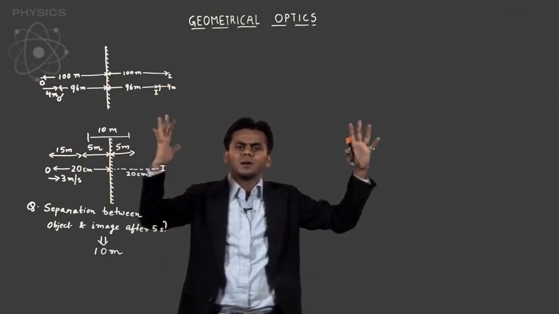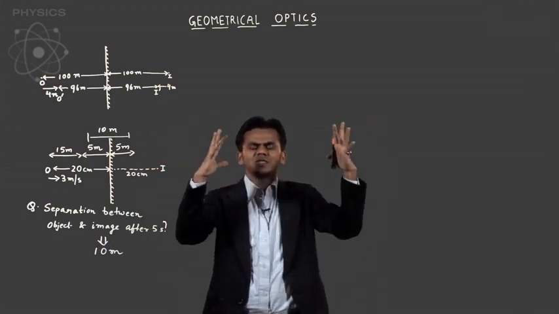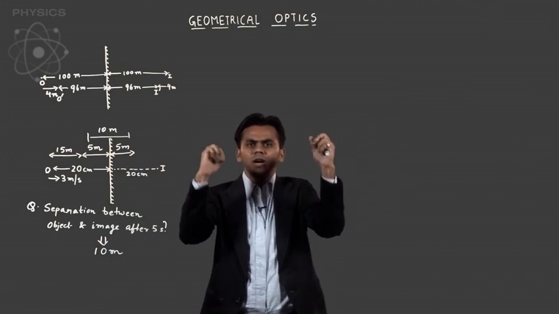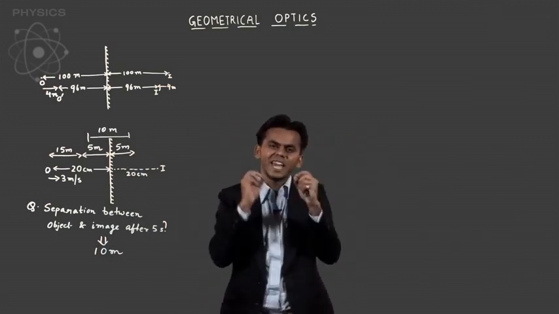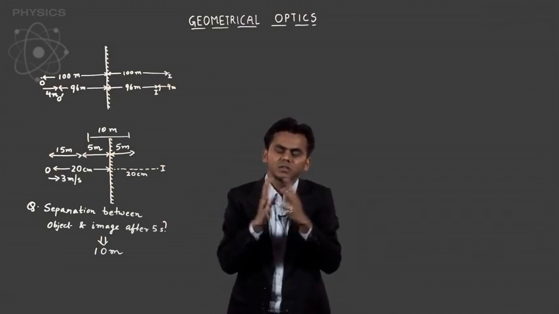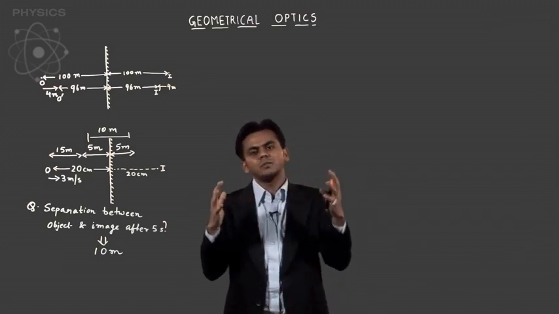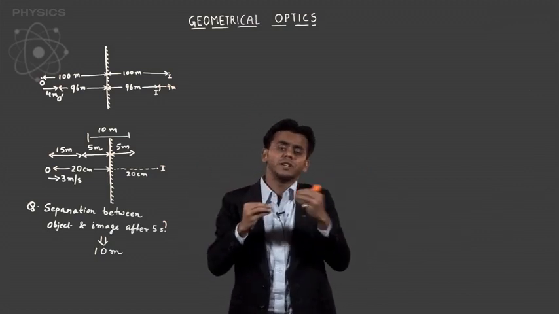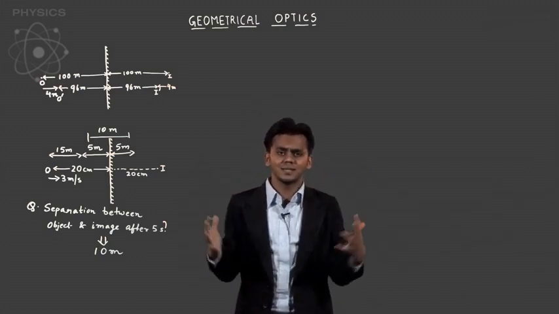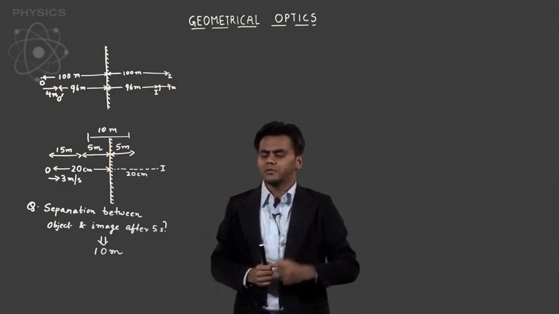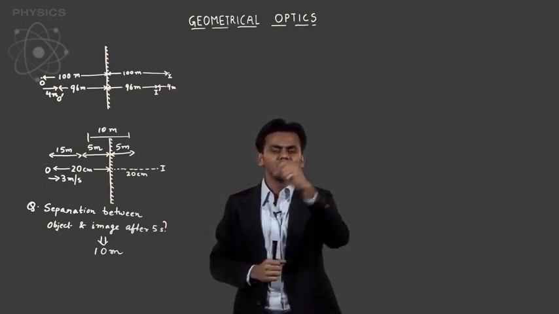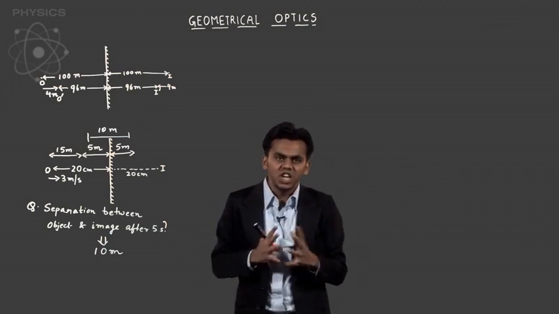If two guys are coming close to each other with some V1 and V2 and D is the initial separation, so D upon V1 plus V2 would be the time it would take to collide. What's happening is V1 plus V2 is the rate at which the distance is decreasing, and time, if given as T, V1 plus V2 into T would be the amount of change in separation.